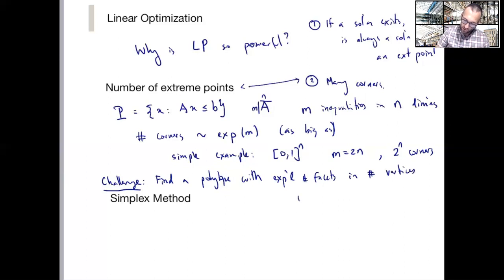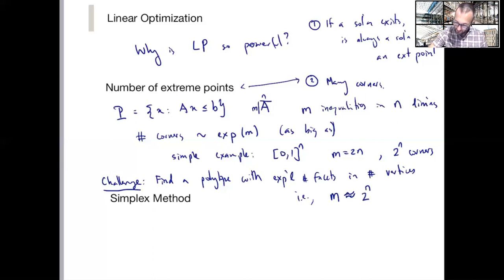So in other words, I want a relationship that looks like M scales like 2 to the N.